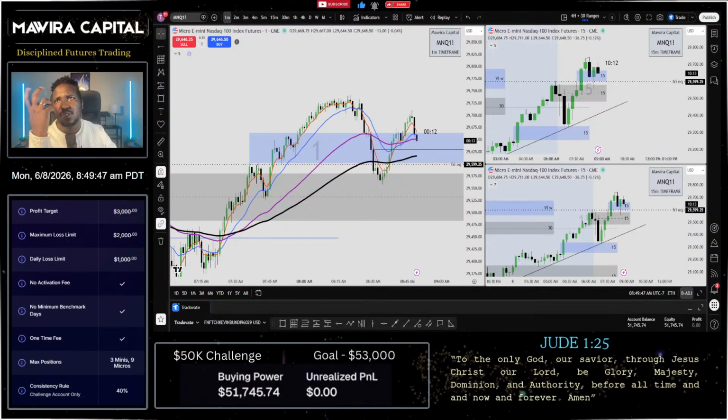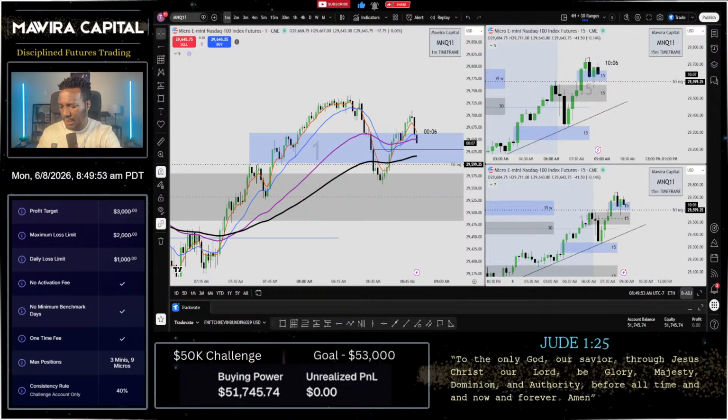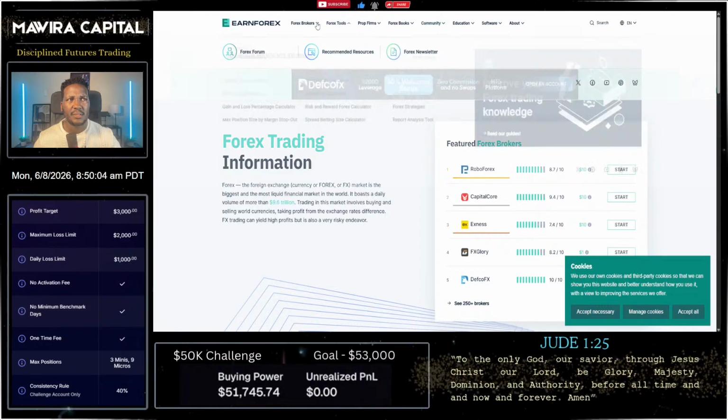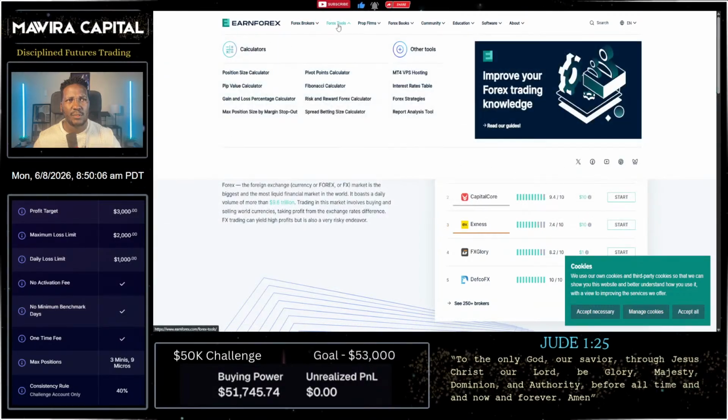But with MT4, there's a lot of developers who just offer their stuff for free, especially on a site called Forex. I don't know how they make money, but they have this right here. They have a lot of indicators. Like, this is powerful. I like this indicator when I was working with MT5 or MT4.